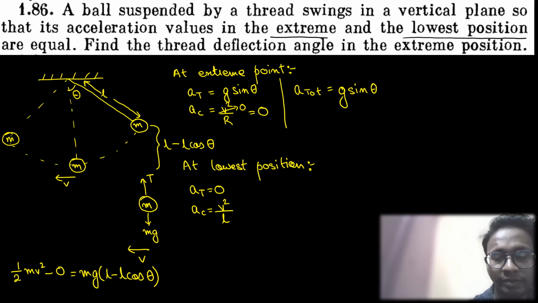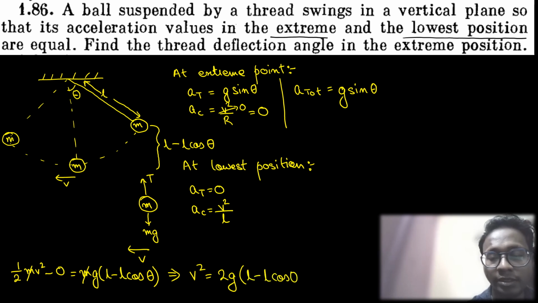We have done this derivation in regular mechanics. So m and m get cancelled. v squared is equal to 2g times L minus L cos theta, or I can take L common, 2gL(1 minus cos theta).